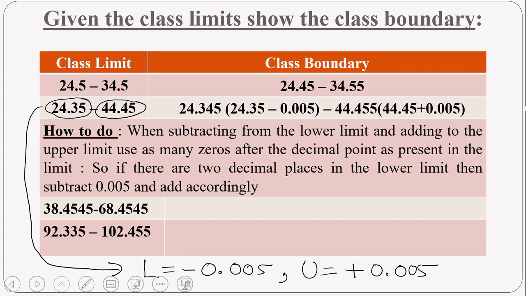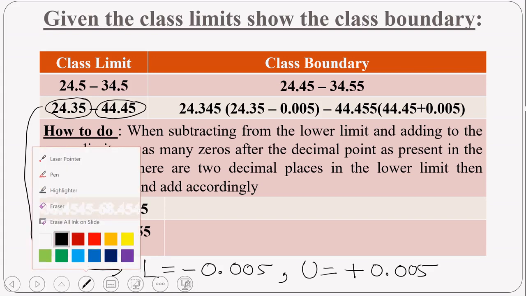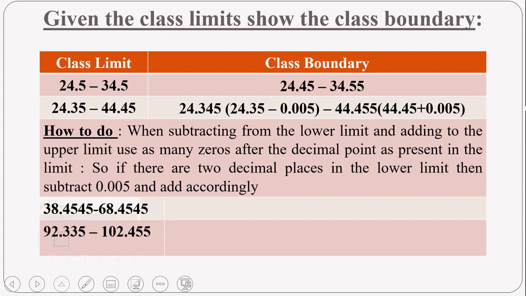Now let me show you the third class limit. What will be the answer? For the third class limit, four decimal places are there. So you need to reduce the lower class boundary with 0.00005 and add 0.00005 to the upper limit. Let me show you so that you will understand.